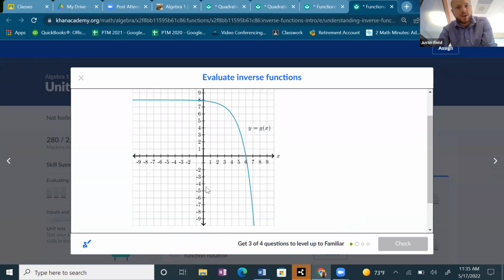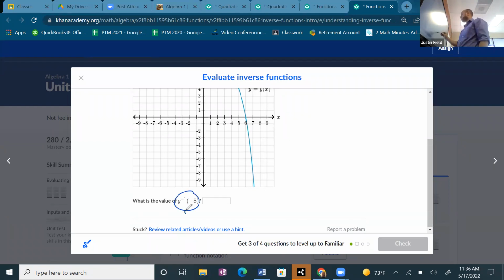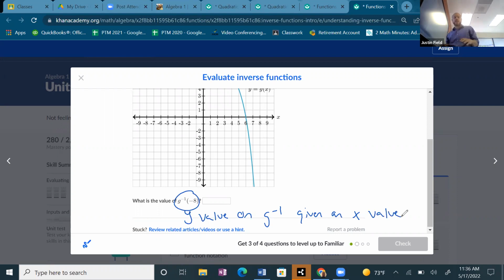And so we need to know which one of the, so remember that is asking us for a y value on g inverse, and it's giving us an x value. But we don't have the g inverse graph. We have the g graph.